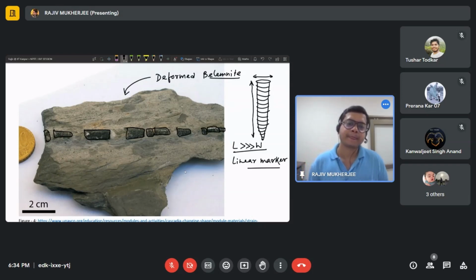In between we have secondary mineralization.